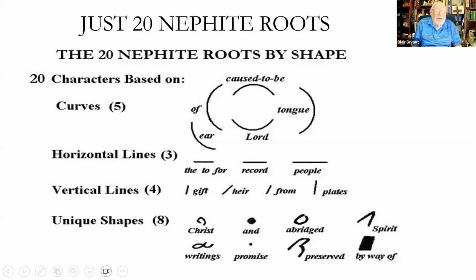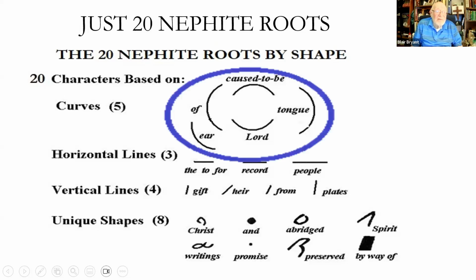All right. In your book, there's a page that says it's 20 Nephite roots. There are 5 of them that are in the shape of circle arcs. Notice that Lord is at the bottom.